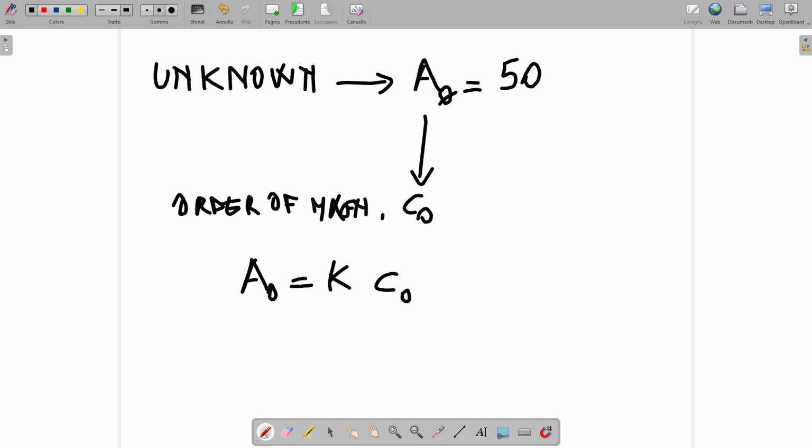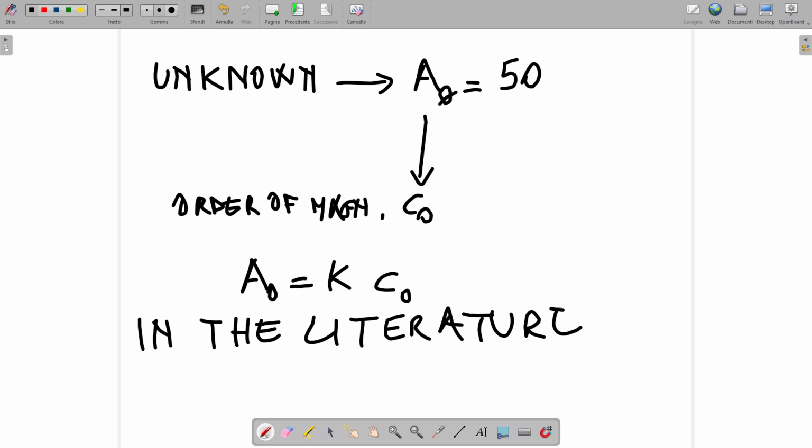But by consulting the scientific literature, I can have an idea of the order of magnitude of K. For instance, we find in the literature a scientist who has performed a similar measurement and K is of order of magnitude 10.